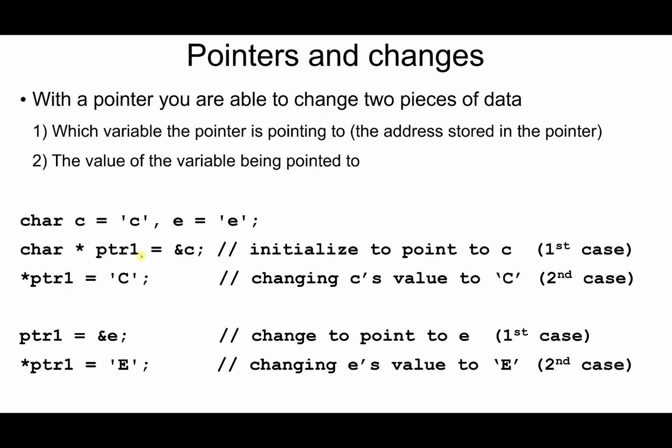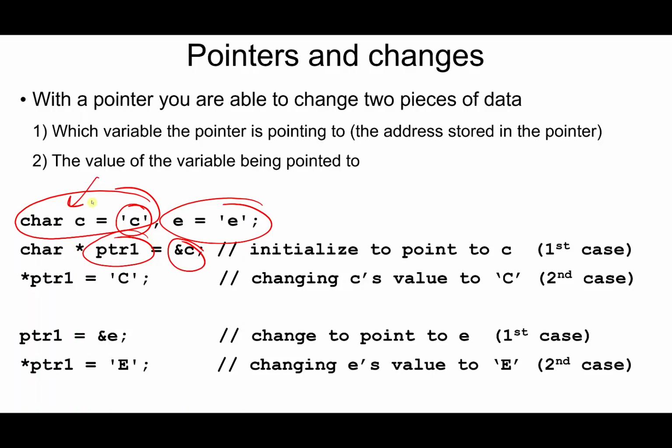Now, if we have char c that stores the lowercase letter c, and the same thing with e, storing the lowercase letter e, and we have a pointer ptr1 of type char that points to c, and then I dereference ptr and store the uppercase C, this is changing the value.